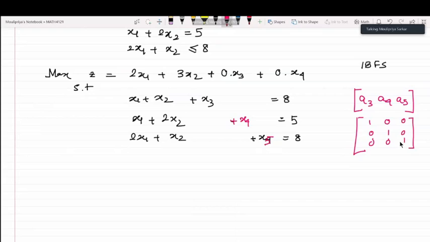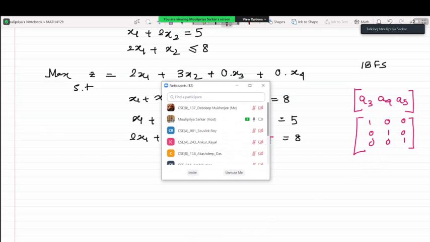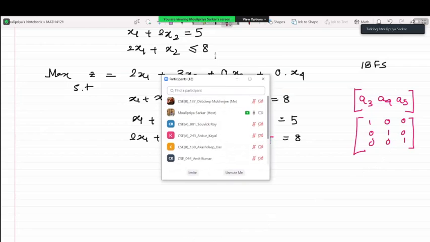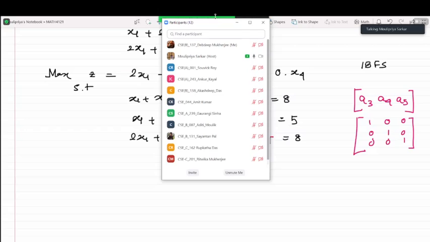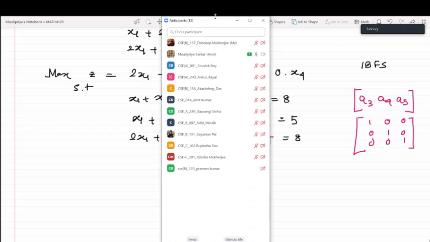Okay. Now, in order to overcome this kind of a problem, we introduce the concept of artificial variables and artificial vectors. What did I say? I said that we introduce, it's very important, the concept of artificial vectors and artificial variables.